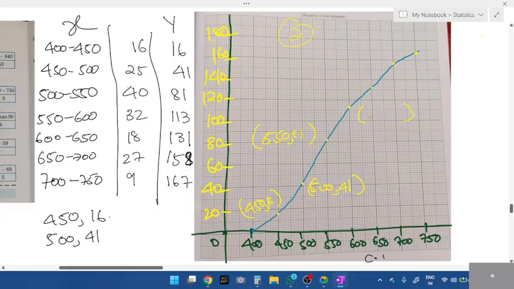And after that we have 600 comma 113. And next we have 650 comma 131. 700 comma 158. And last we have 750 comma 167.